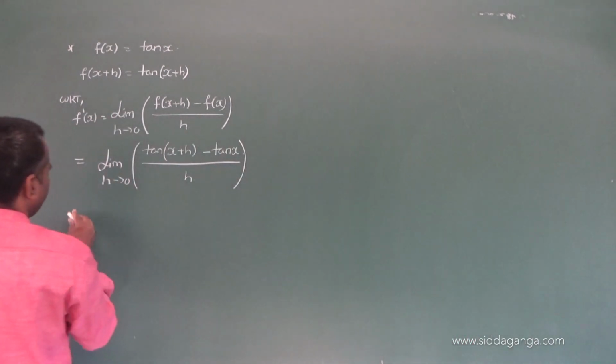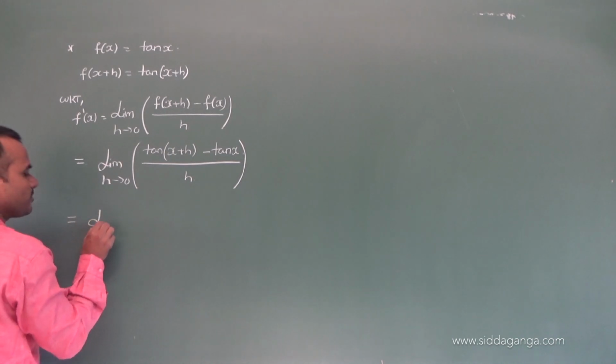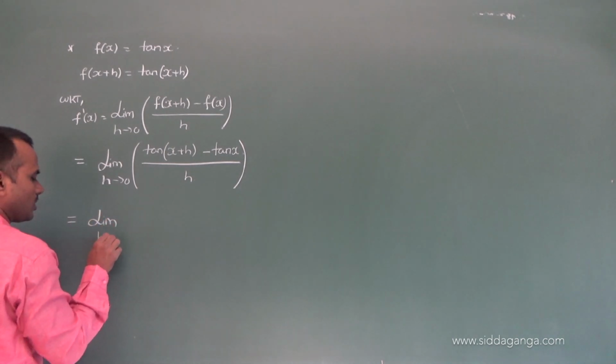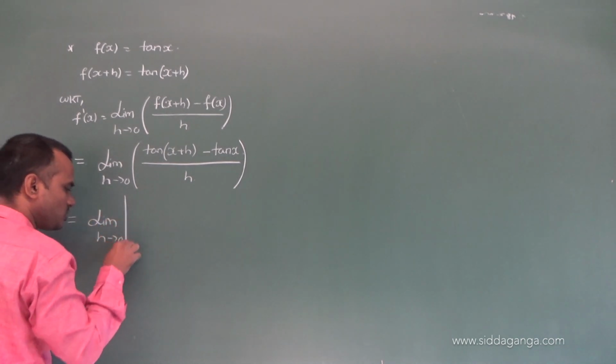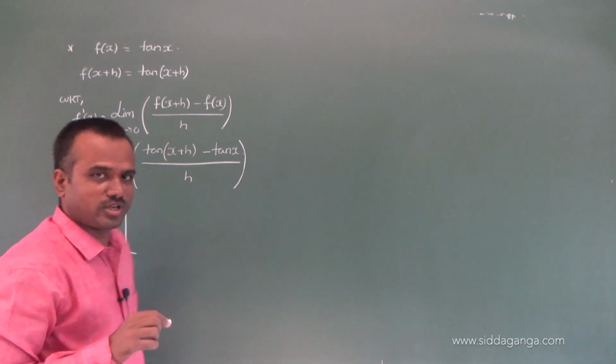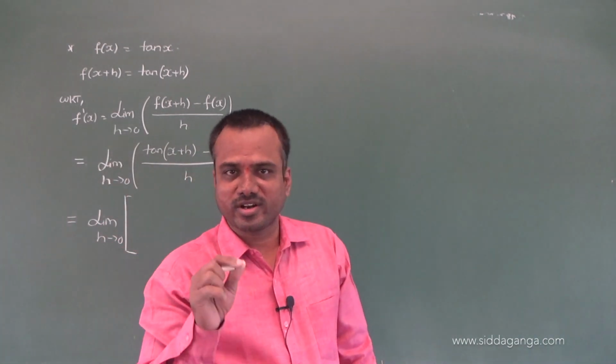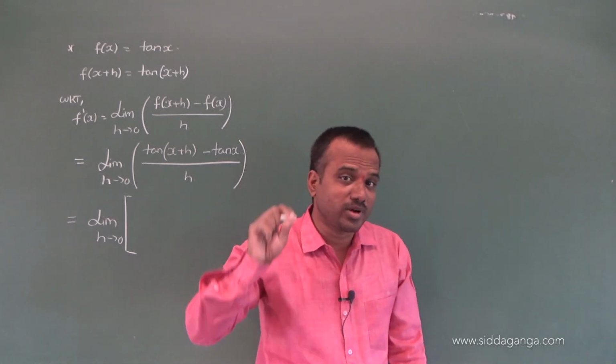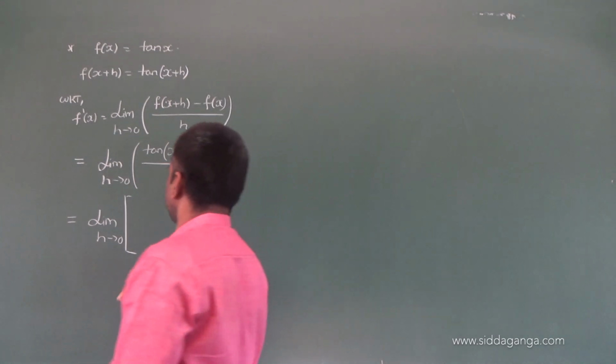What I do here: limit h tends to 0. You know that tan theta we can write as sin theta by cos theta. Same procedure I follow.